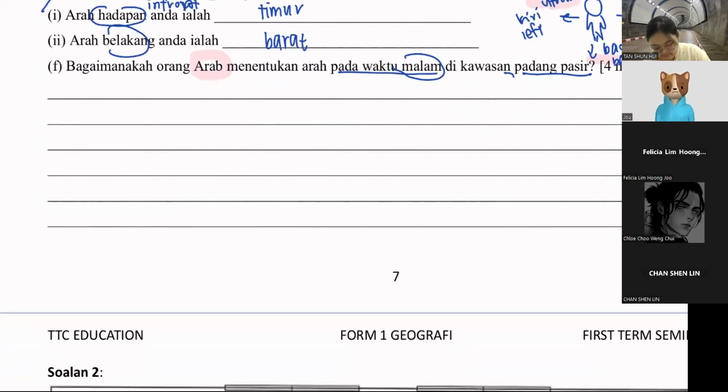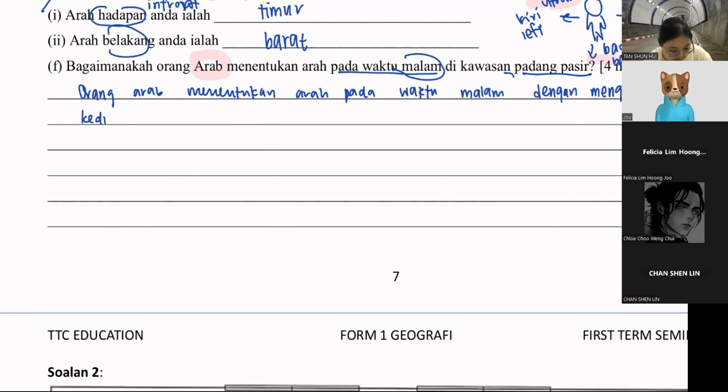So you can say it: Orang Arab menentu arah pada waktu malam dengan menggunakan kedudukan bintang. Now, what kind of bintang do they look at?